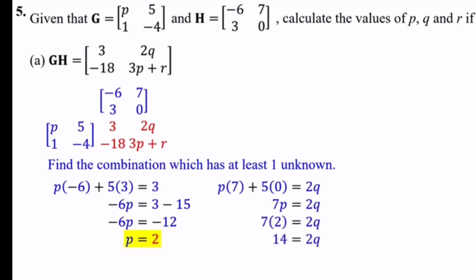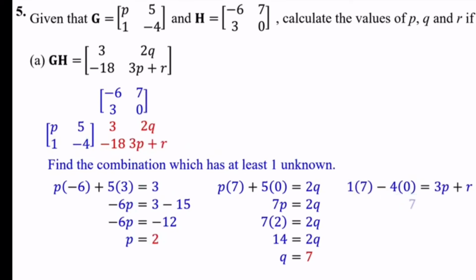Okay, so we have solved the value for the q. Now finally, we will look for another unknown to solve, which is 1 times 7 plus the negative 4 times 0 is equal to 3p plus r.